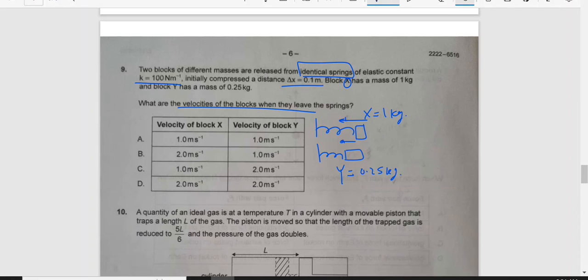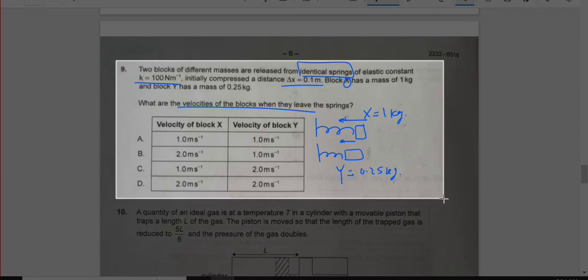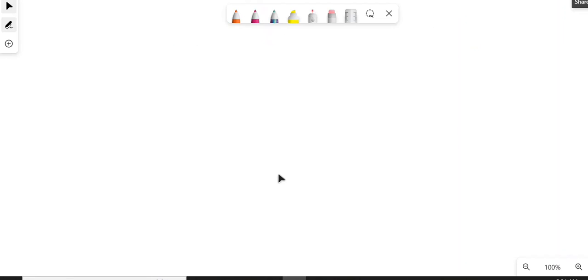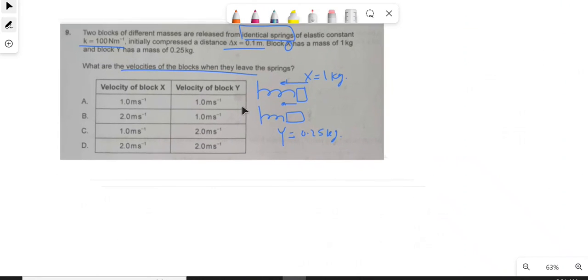Now, we're going to use the conservation of energy. Energy initial equals energy final. Let's solve this question. What is the conservation of energy?